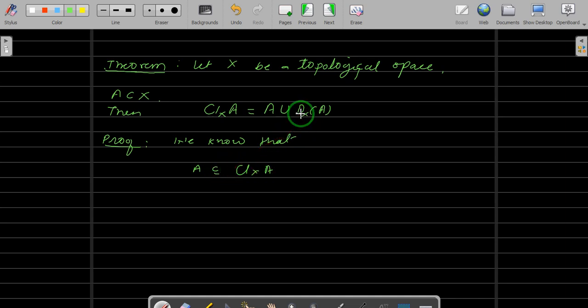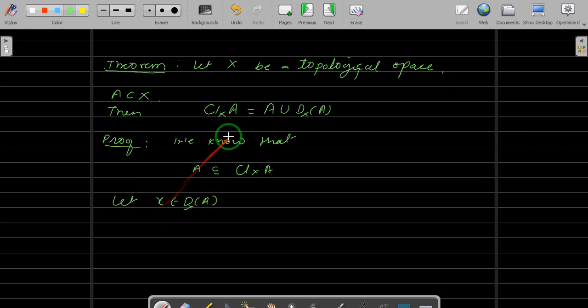Now we have to show that the derived set of A is also a subset of the closure of A. That means the union of these two will be a subset of the closure of A, and we are done with one set. Now let x belong to the derived set of A.